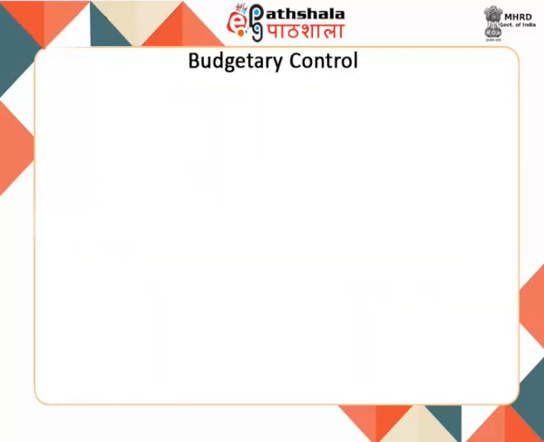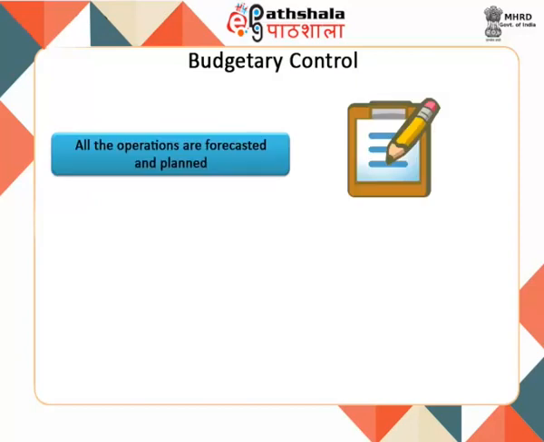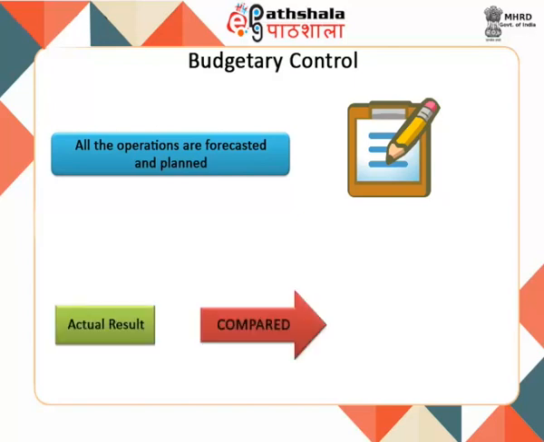Number 2. In the words of J. A. Scott, it is a system of management control and accounting in which all the operations are forecasted and planned so far as possible ahead and the actual results compared with the forecasted and planned ones.